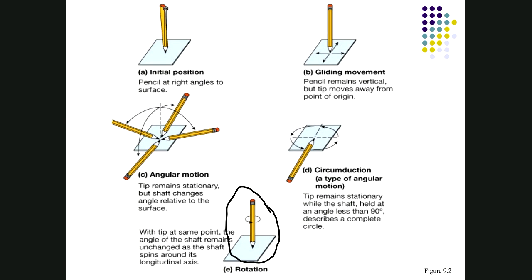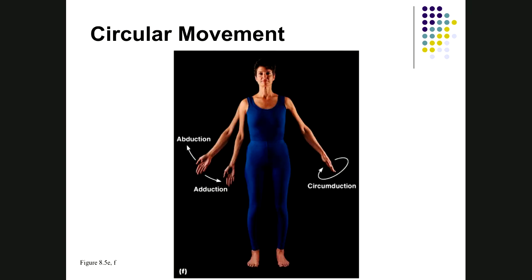And look, the distance here and the distance here are the same. But if you look at circumduction, the distance here is this, but the outside is this. It's windmill shaped. And so if you do windmills with your arms or your legs, that's circumduction.